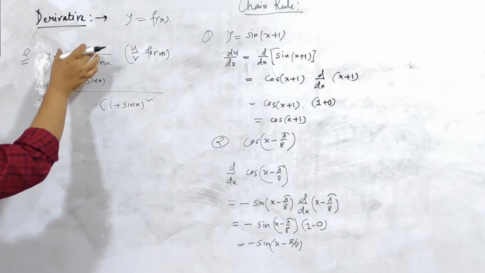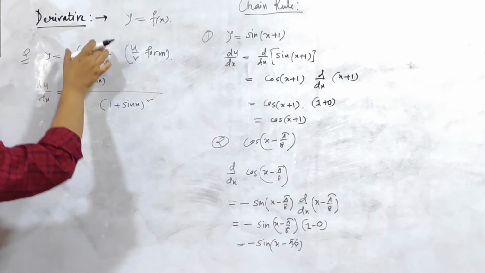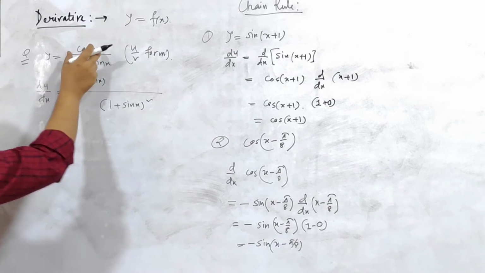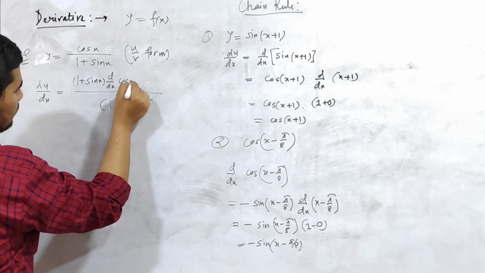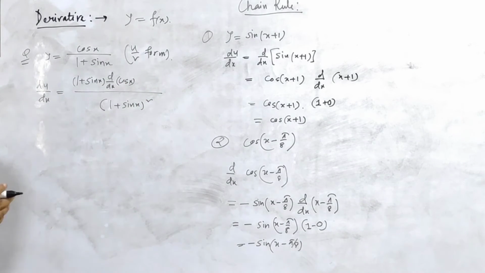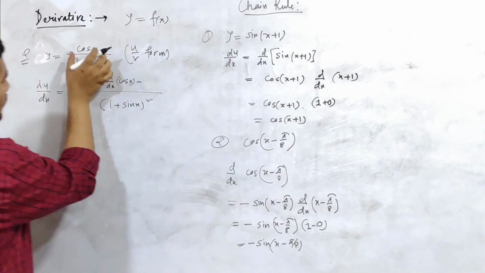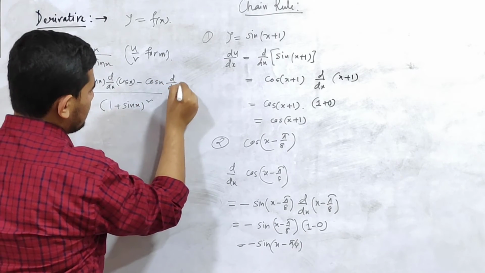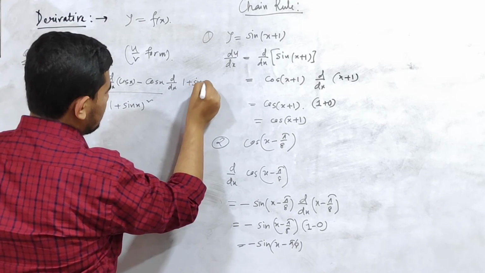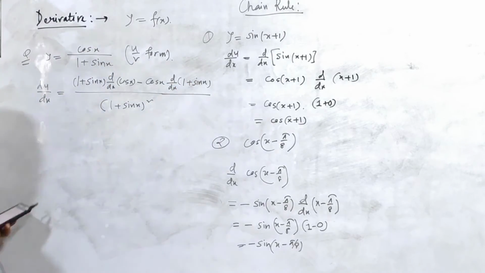And then I am going to differentiate first the term which is present in the numerator, which is cos of x. Now again I am going to take cos of x and differentiate the term present in the denominator, that is 1 plus sin x.